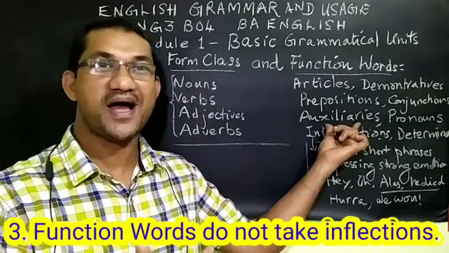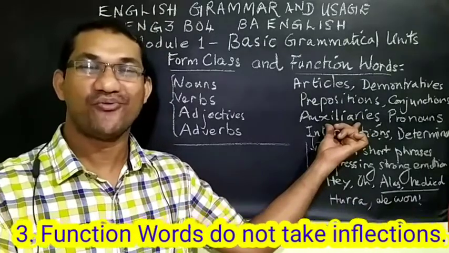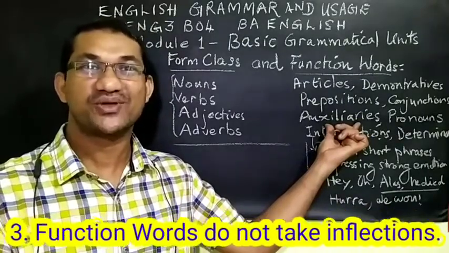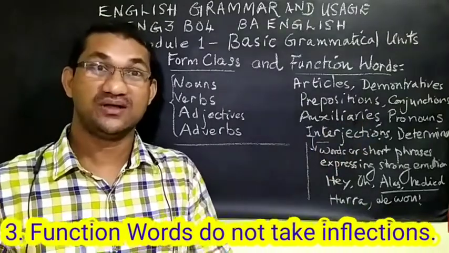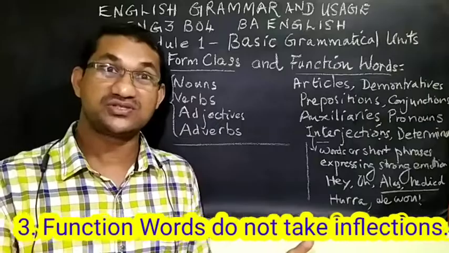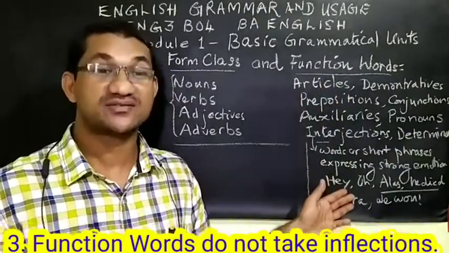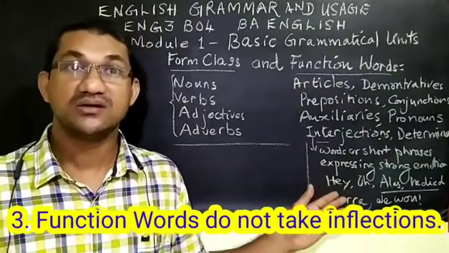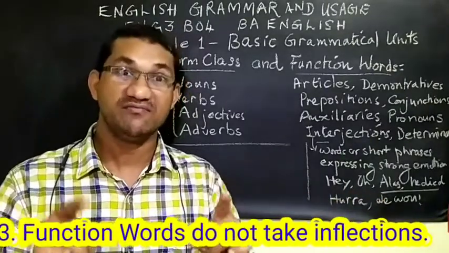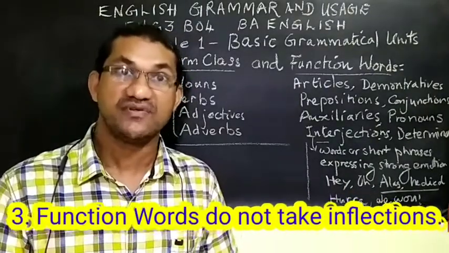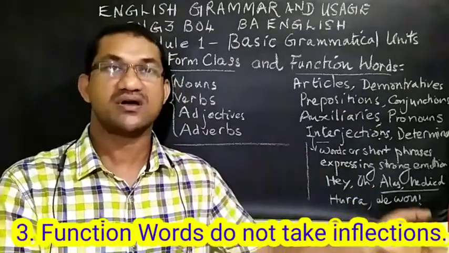We don't say ammings or wases. We don't say anything like that, right? So no inflection is attached as a suffix or prefix to any of these function words. That is the third characteristic of the function words. They do not take inflections or derivational affixes, prefix or suffix.